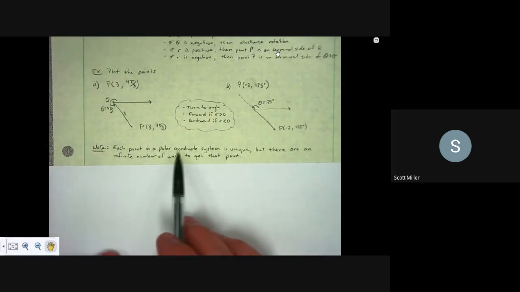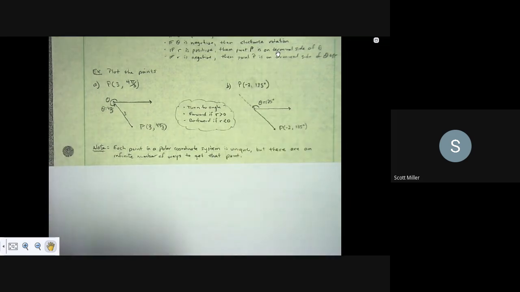So some additional notes right here. This is the same thing I just said. Each point in a polar coordinate system is unique. So that point is unique, but there's many ways to get to that point. Okay? Because this is polar and it's a circular action, just like our unit circle, there's an infinite many coterminal points, for lack of a better name.